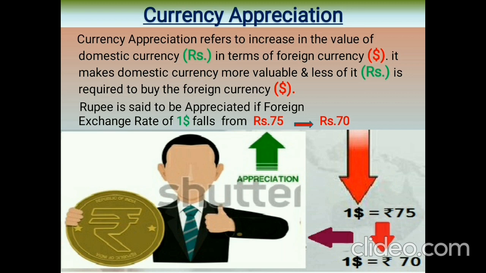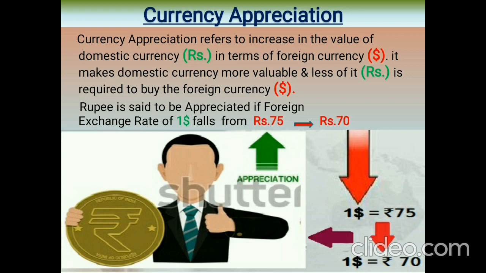We see the example in the given picture. Rupee is said to be appreciated if the foreign exchange rate of 1 USD falls from rupees 75 to 70. So by this concept, we can find out an important point: a decrease in the rate of exchange of foreign exchange will lead to appreciation of domestic currency.